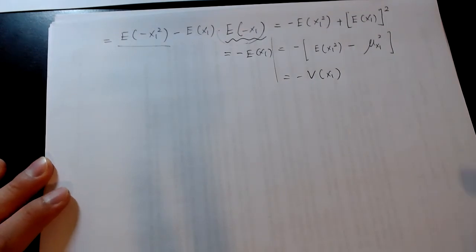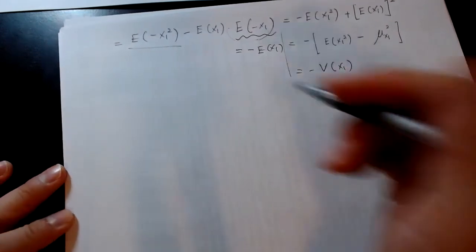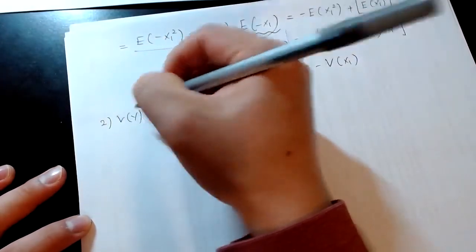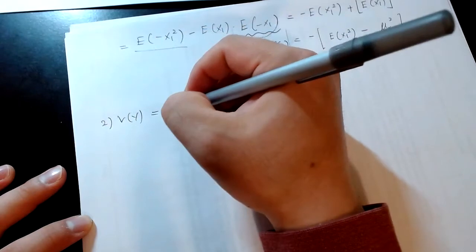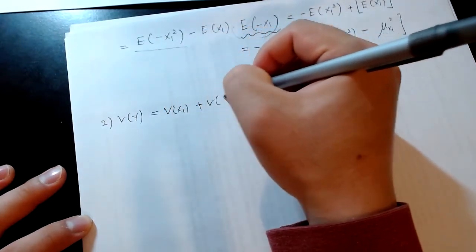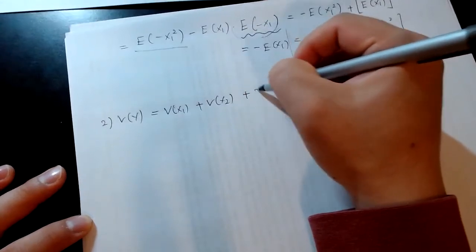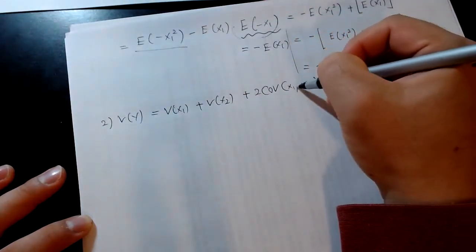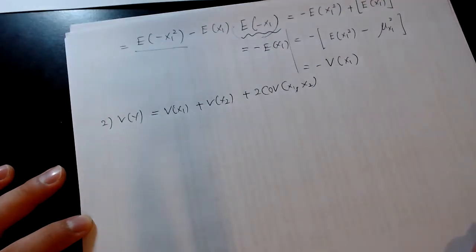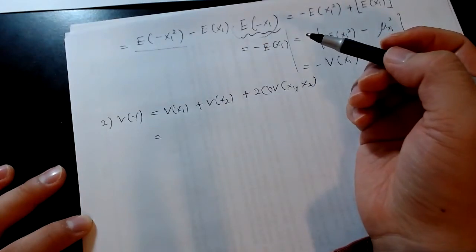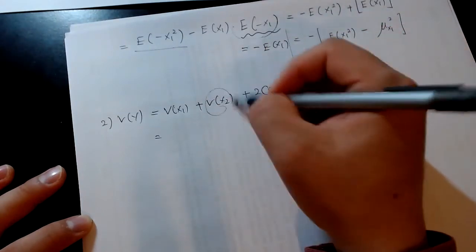Okay, let's see. Now let's find out V of y. This is equal to V of x1 plus V of x2, and then plus 2 times covariance of x1 comma x2, is it? Now V of x2 is what?